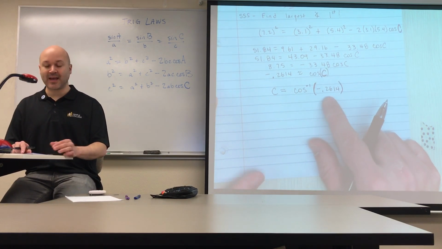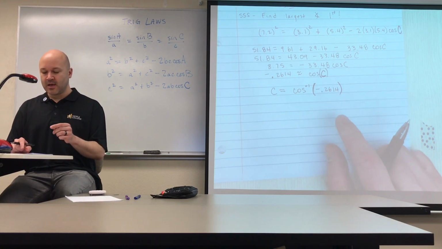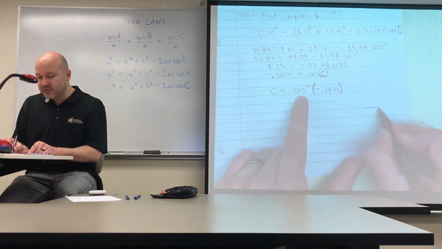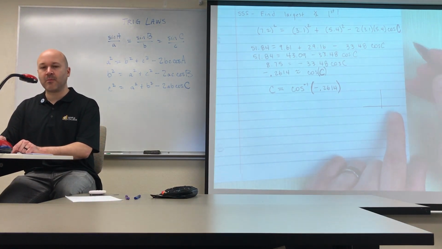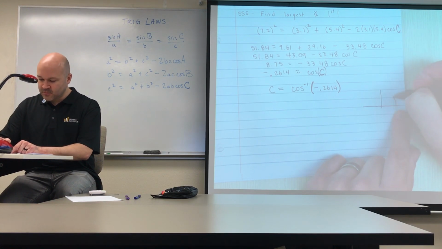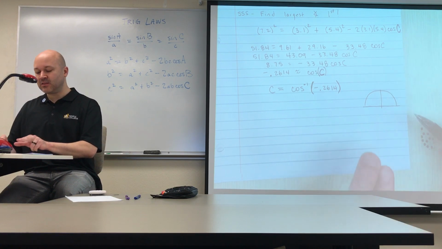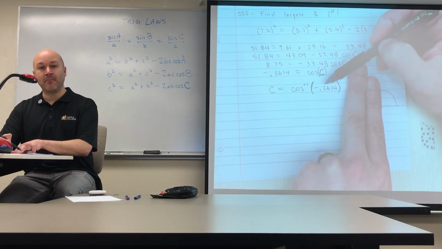All right, I'm going to throw this in the calculator, but before I do, let's think about that for a whole minute. Arc cosine. When we talk about inverse cosine, we think about it from 0 to pi, so quadrants 1 and 2. And anything in the first quadrant, cosine better be a positive value.